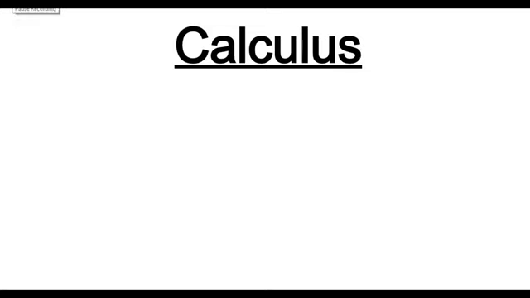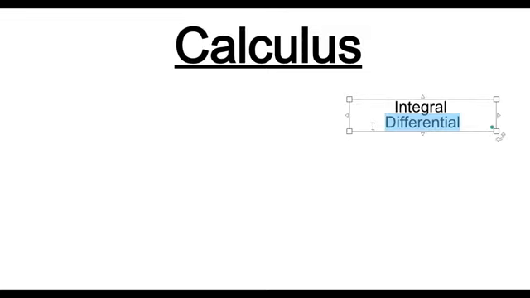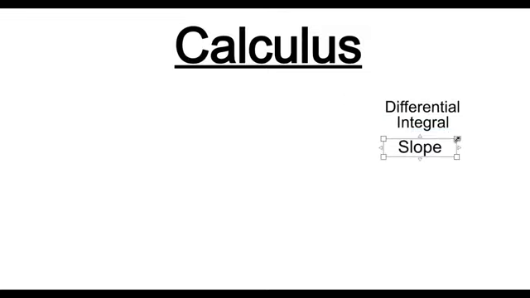So important things to note are the names of the types of calculus, integral and differential. If you didn't know what the slope was, we learned what the slope was in more or less simplified form. We learned what areas of curves are, and we also learned just the basics of how to find the slopes of curves.